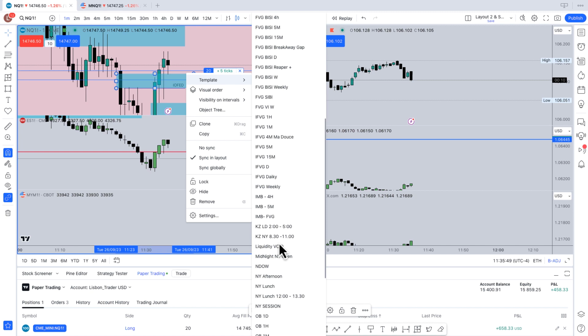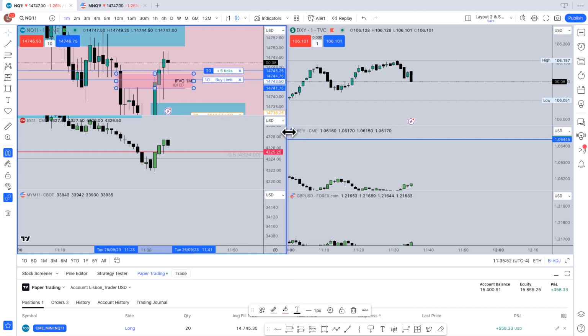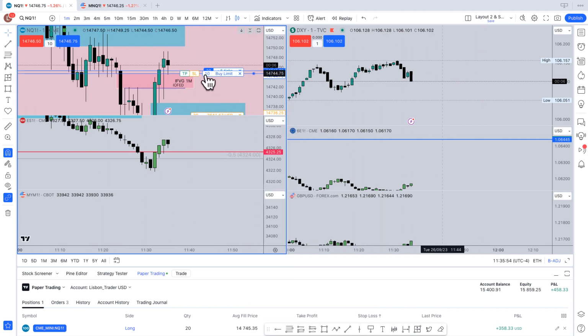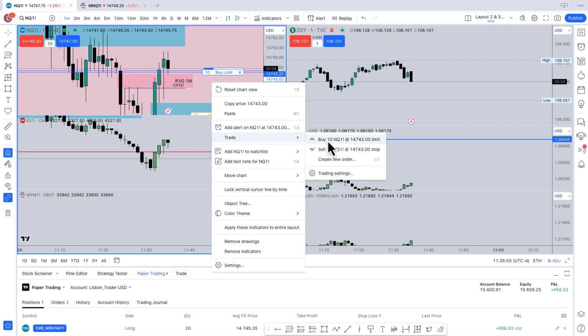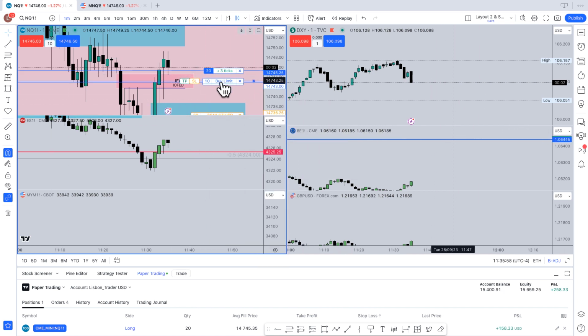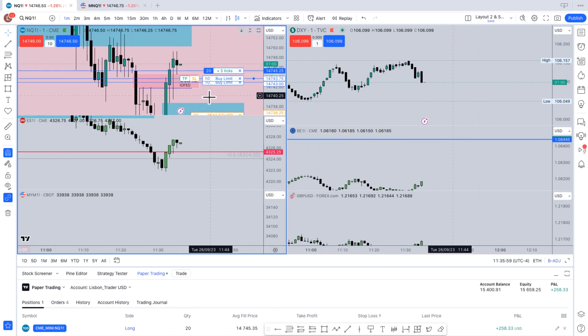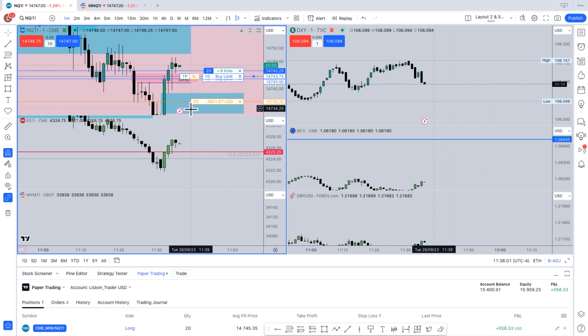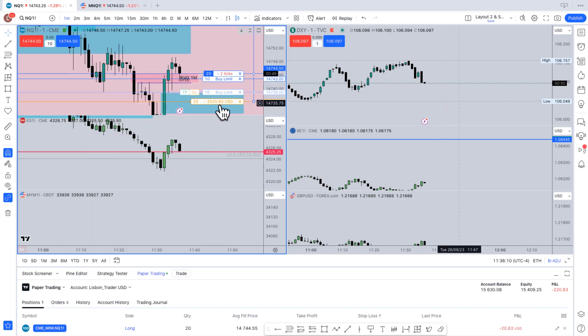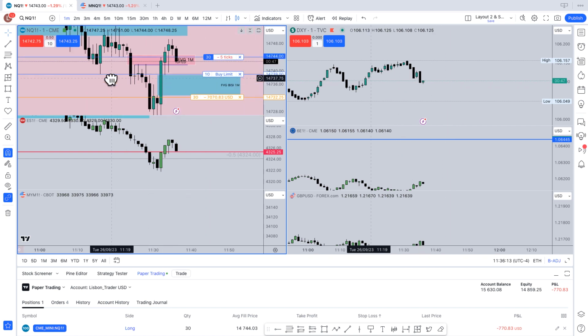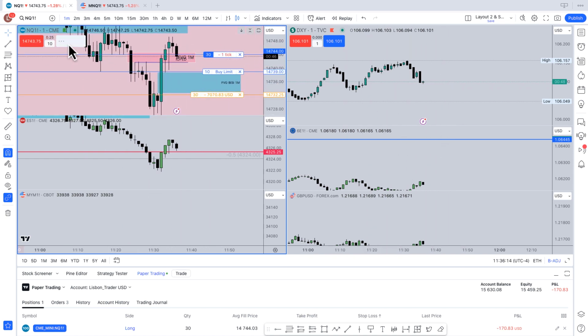Potential inversion on the 1 minute. Let's buy there, inside here. So buy also inside this fair value gap. Stop again below this.